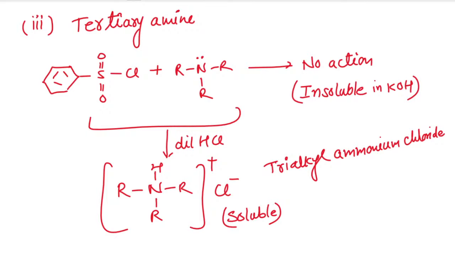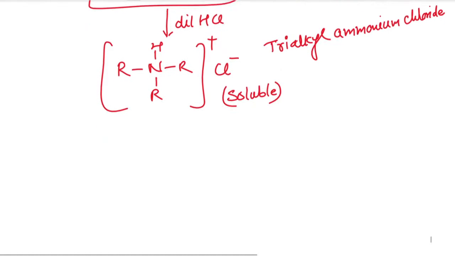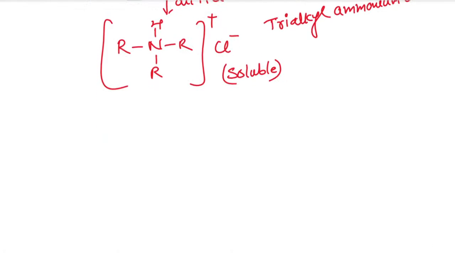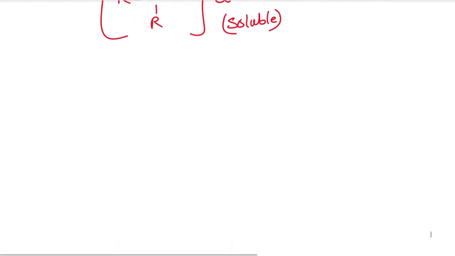But in tertiary amine there is no reaction with benzene sulfonyl chloride, and it is insoluble in aqueous KOH, but on acidification it becomes soluble, right?